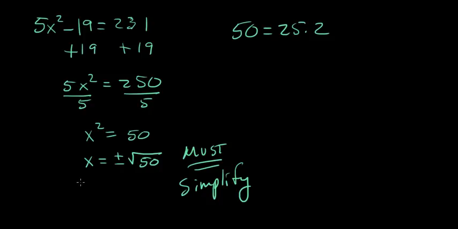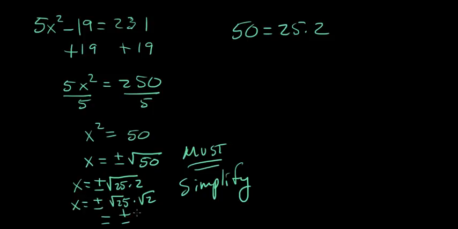So x is equal to plus or minus the square root of 25 times 2. By the rules of radicals we just talked about, x is equal to plus or minus the square root of 25 times the square root of 2, but that equals plus or minus 5 times the square root of 2.